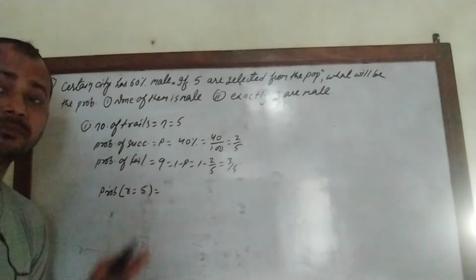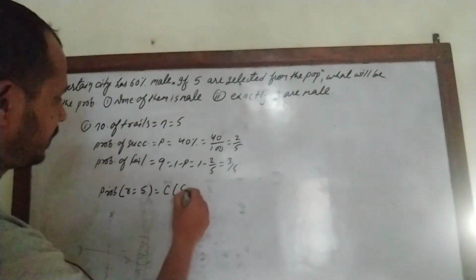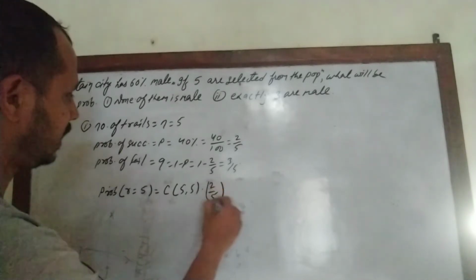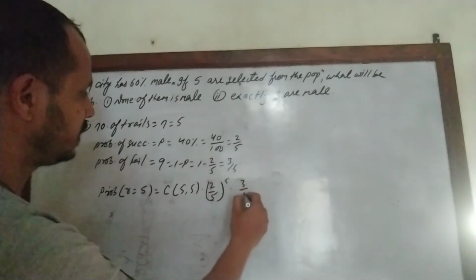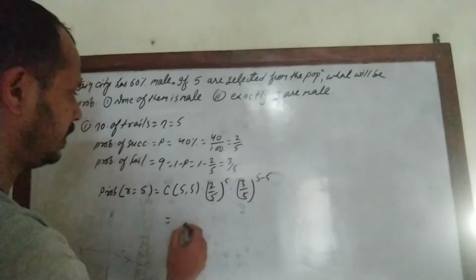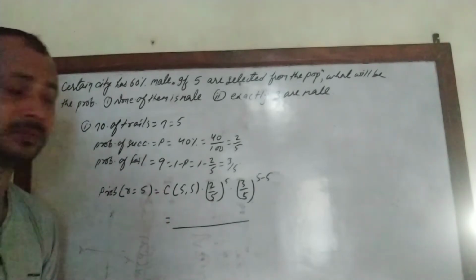So the combination of 5, C 5 5, p to the power r into q to the power n minus r, gives us the value of this probability.